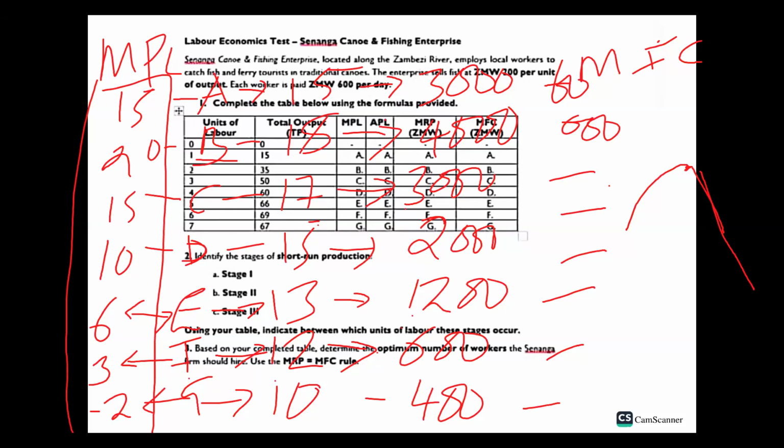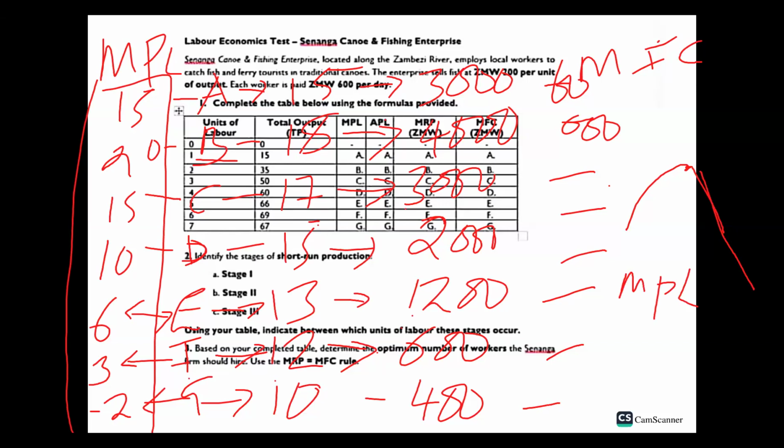Like how many workers? Three and 4. It's a range. Everywhere where the MPL is still positive, up to where it ends being positive. That's the second stage. Because when it crosses to the negative, that's another stage.